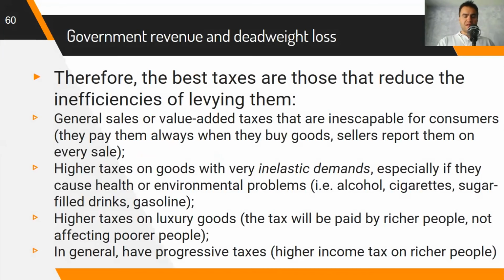Questions? This is a quick recap of the idea of government revenue, and I'm basically finishing the idea of taxes here. This is a quick recap of what the literature has considered the most efficient taxes in terms of creating the least deadweight loss.